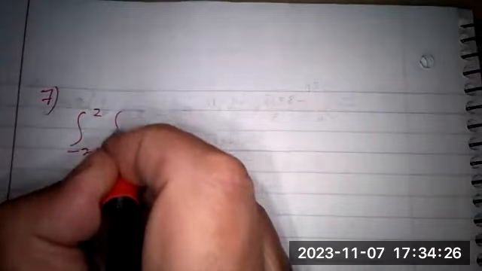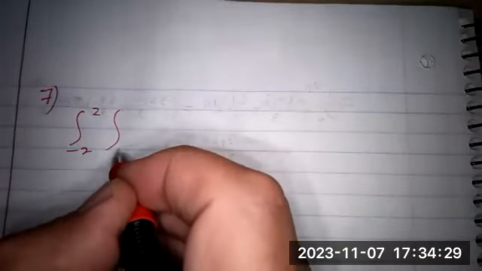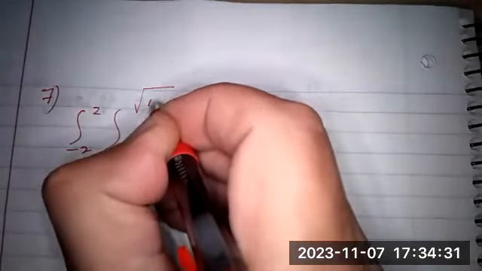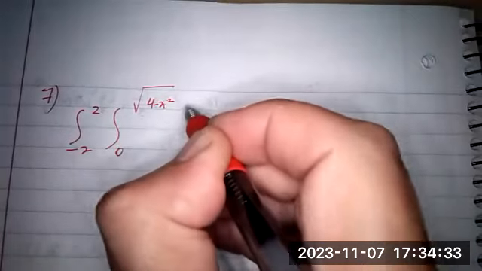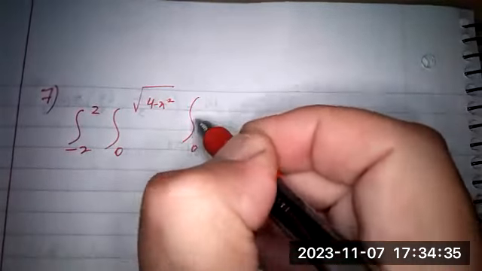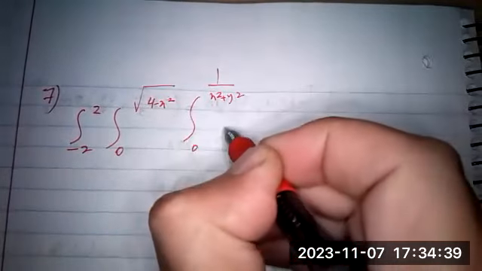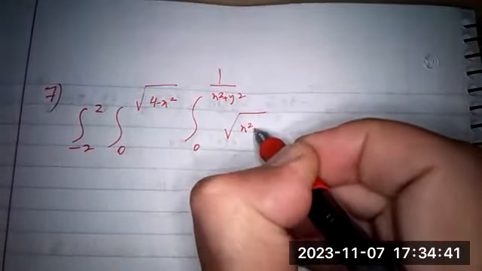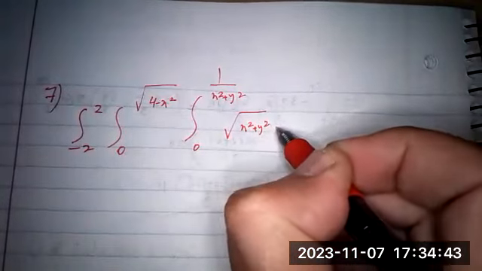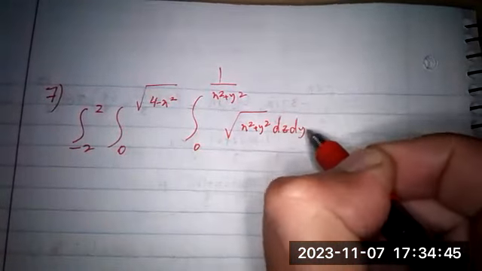By the things that we discussed, you should be able to do these problems quickly. The one that you have is just straightforward: 1 over x squared plus y squared, x squared plus y squared, and dz, dy, dx.